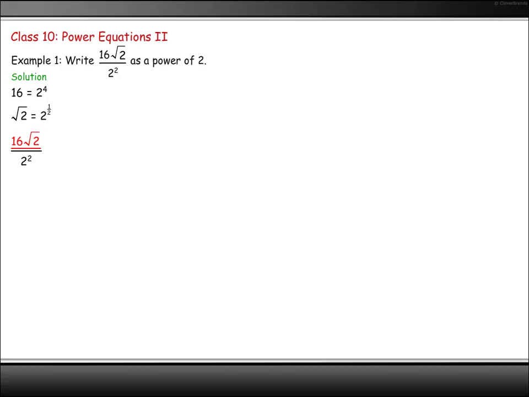Now everything can be written as a power of 2. Add the powers to work out the top. Subtract the powers to get 2 to the power of 5 over 2.